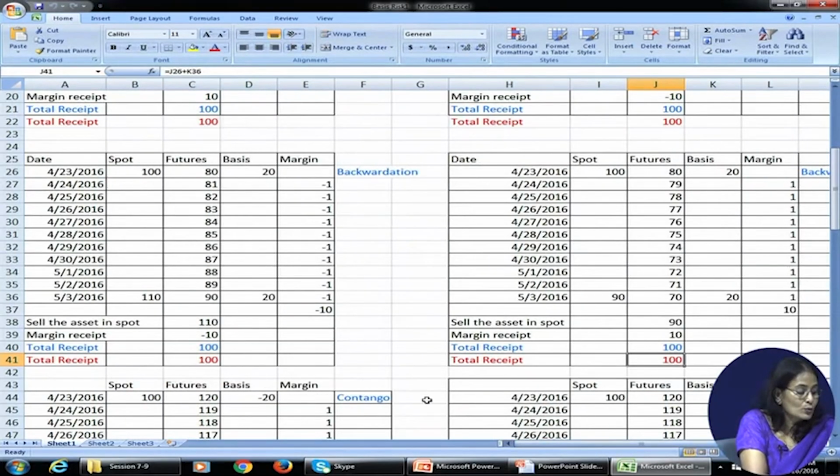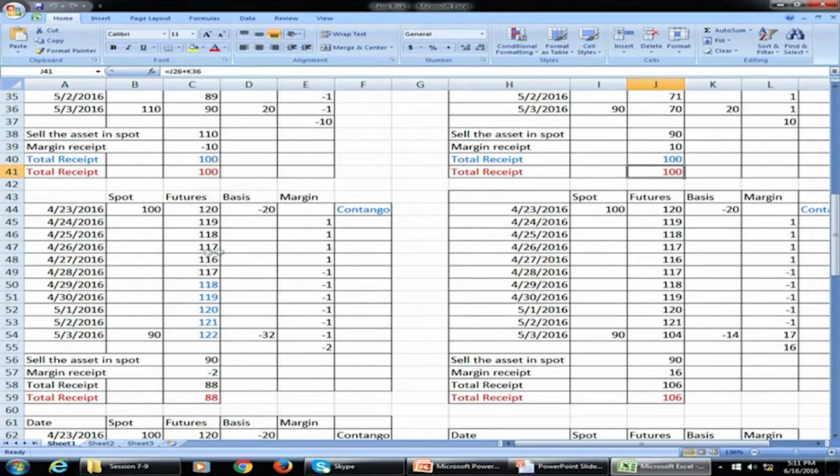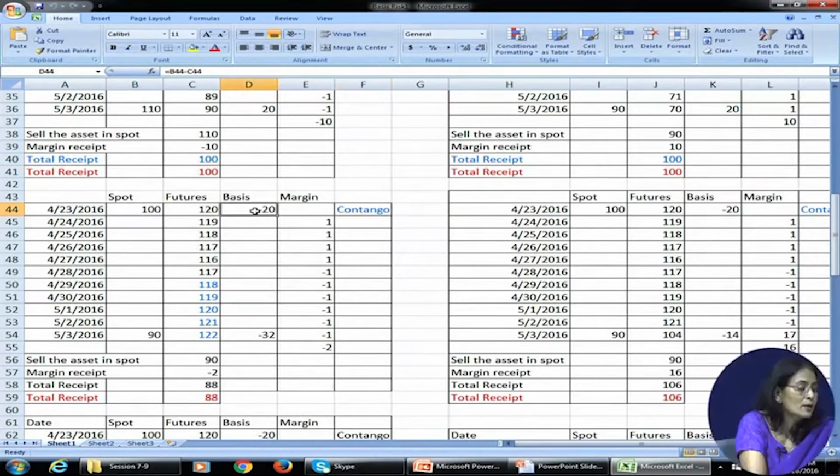Now let's go to the situation when the basis moves in a different manner. We start with 100 and 120. It is a contango market, basis is minus 20, but if you see on the contract maturity date, basis is no more minus 20, basis has weakened to minus 32.